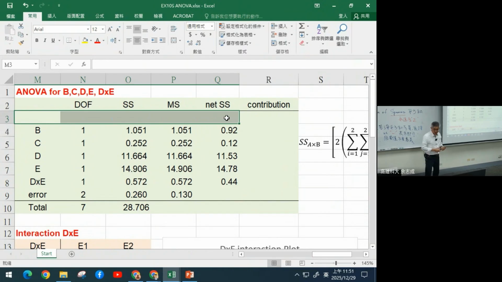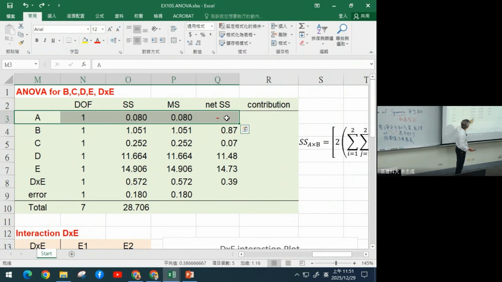What does that mean? Let's undo. When I have A, the degree of freedom is only 1, and the sum of square is 0.18. When I delete main effect A, see, the error degree of freedom becomes 2, and the sum of square becomes 0.26. Let's go back, which means that this 0.08 sum of square will be pooled into the error sum of square.